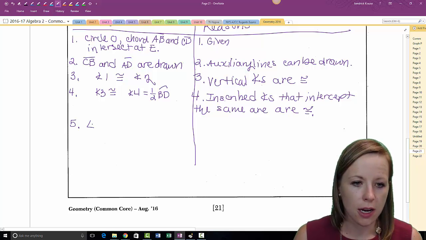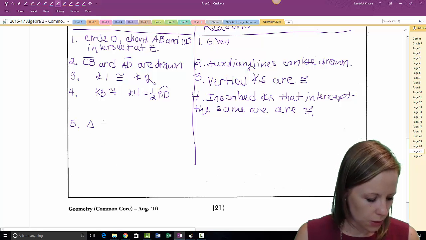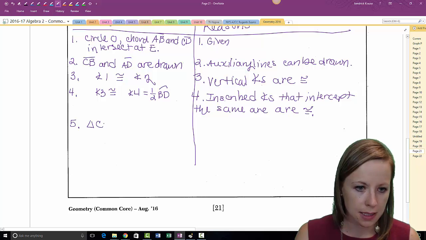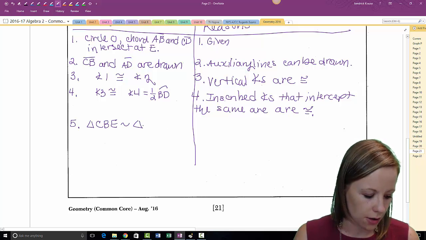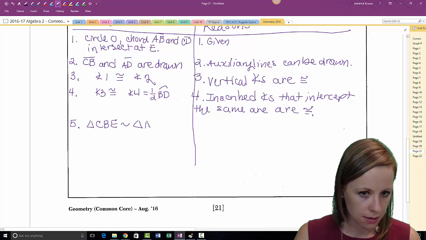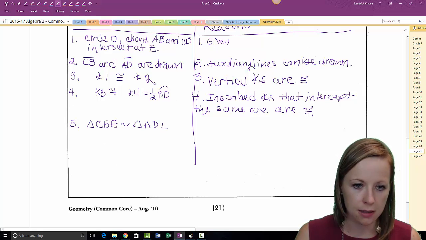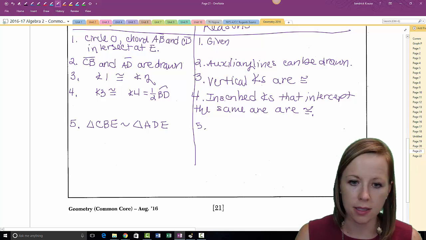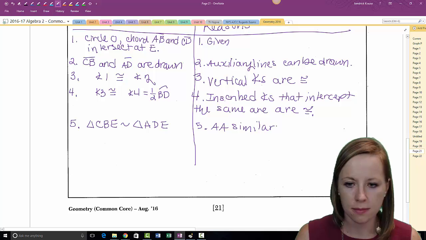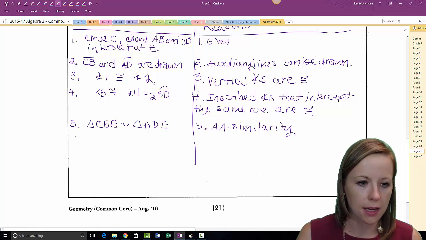Okay, number 5 then is angle, angle. So I can say that triangle CBE is similar to triangle ADE by angle-angle similarity. That means I can set up a proportion.